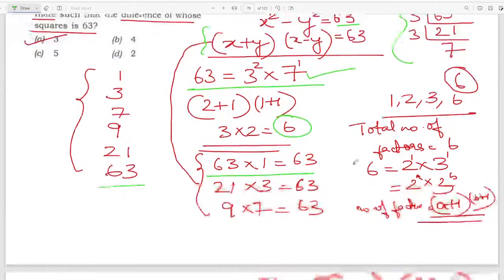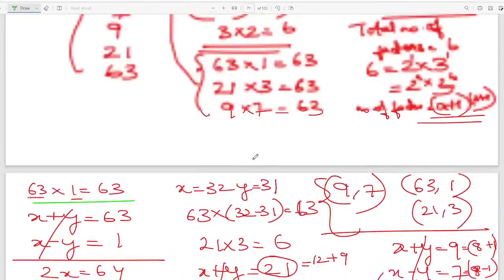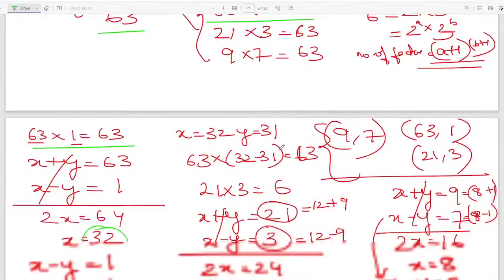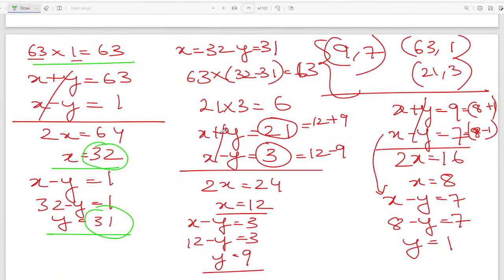That is one pair. Then the second pair, we have to see 21 into 3. I have taken 21 into 3, x plus y is equal to 21, x minus y is equal to 3. Now I have calculated the value of x and the value of y. The value of x is 12, the value of y is 9. So even in these cases, x and y are natural numbers.